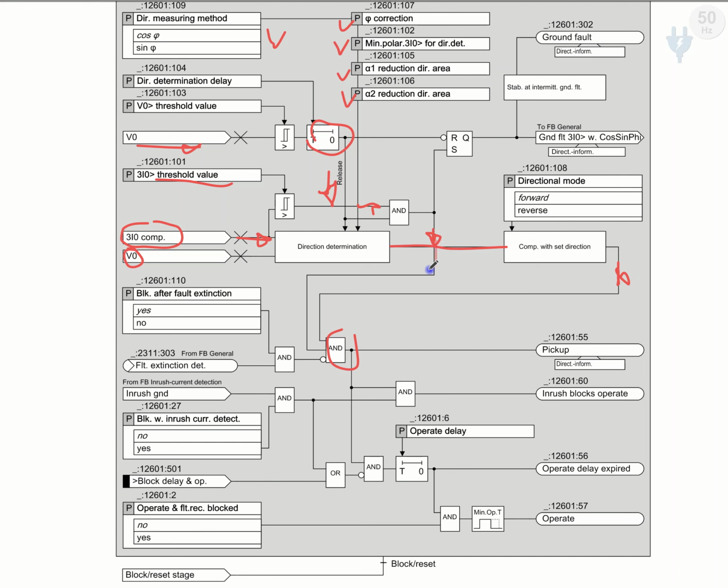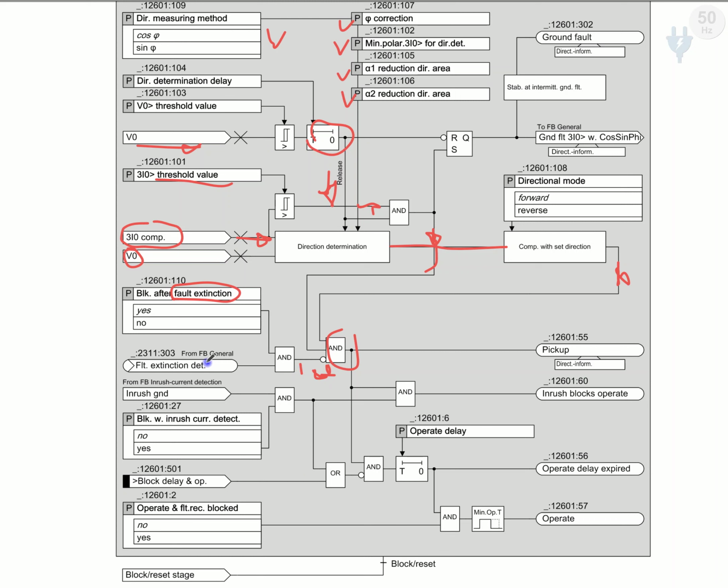This signal comes to another AND block. This AND block is also controlled by the blocking function of fault extinction. When there is a fault and it is extinguished after some time, if it is detected that the fault is extinguished, then the output of that signal becomes 1, and the inverted part of that signal, that is 0, is now supplied to AND.